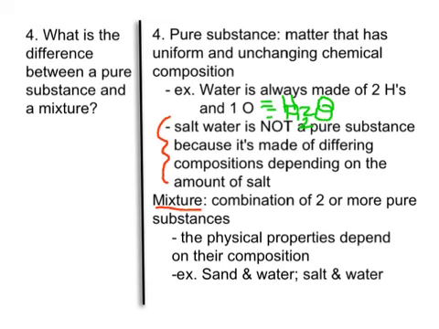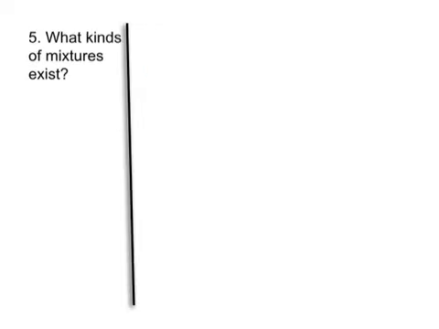Okay, now let's take a look at what kinds of mixtures we can have, because there are 3 different kinds of mixtures that are possible. All right, so our 5th question is going to take a look at what kinds of mixtures we can have. So, for example, the salt and water mixture, okay, versus a sand and water mixture, 2 very different mixtures.